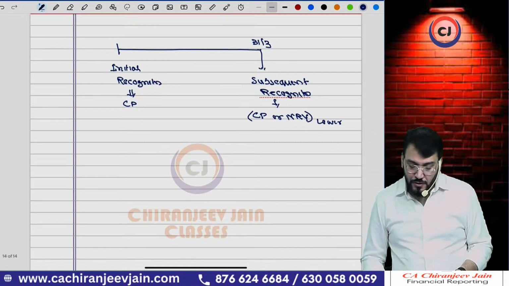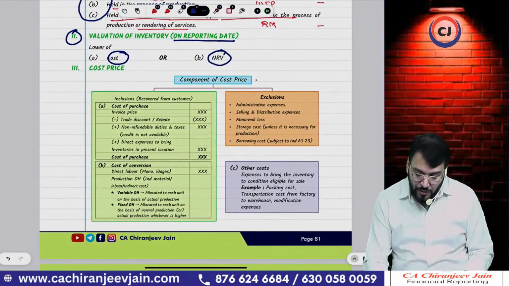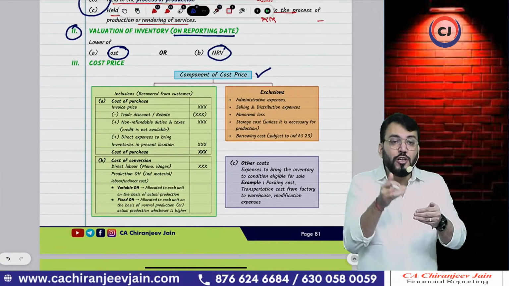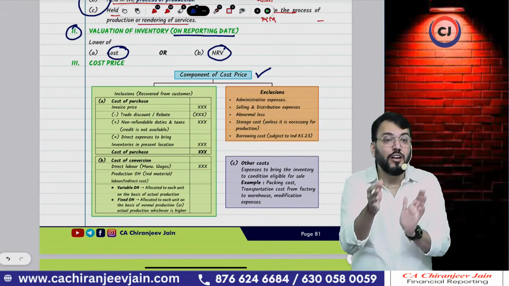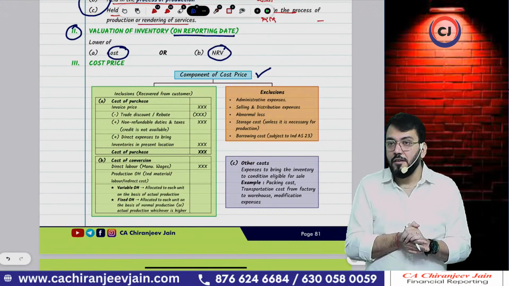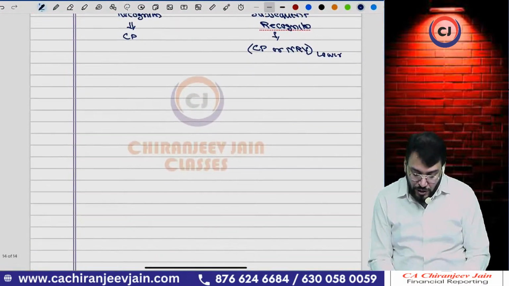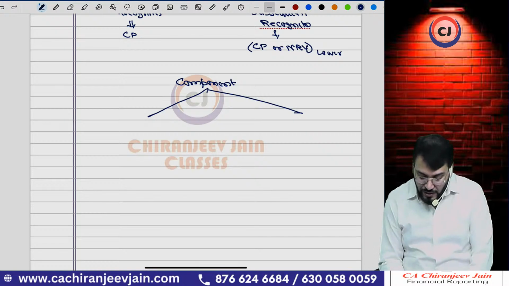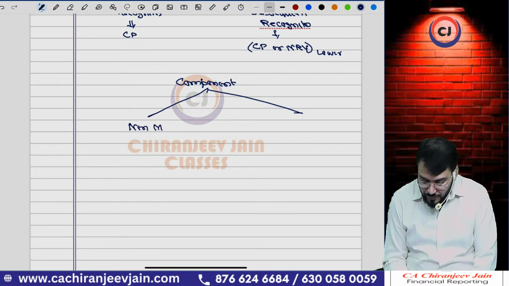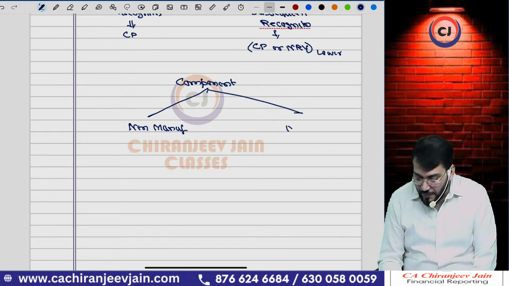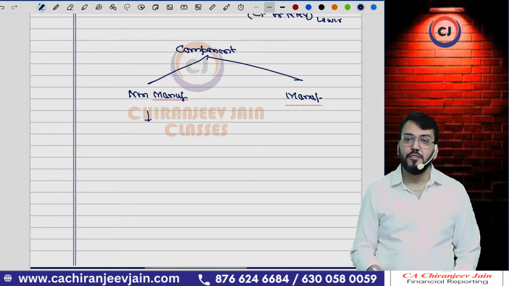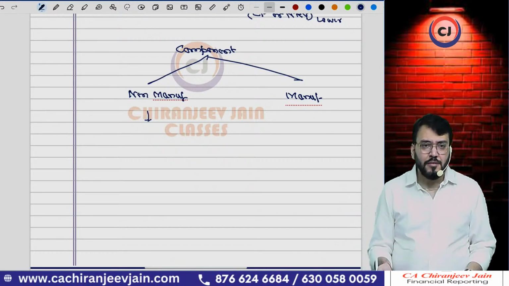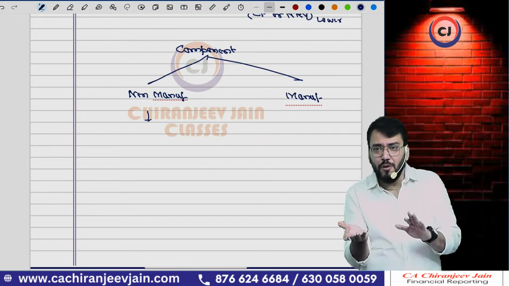For that discussion, we need to find out the components of cost price, meaning what is included in cost price and what is not included. We need to understand this from the manufacturing and non-manufacturing organization perspective. A non-manufacturing organization will purchase stock in trade, and they will not convert stock in trade into some other finished goods.